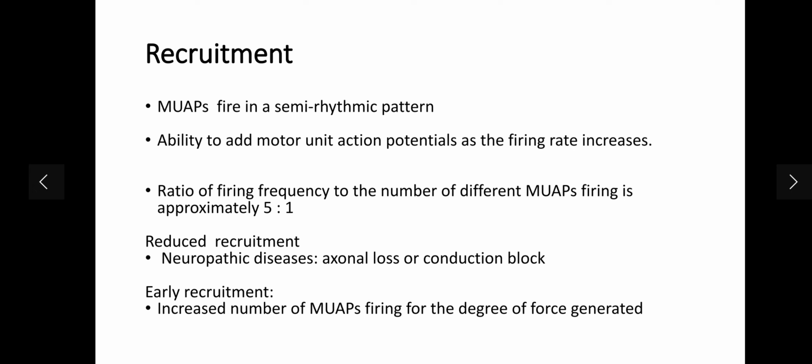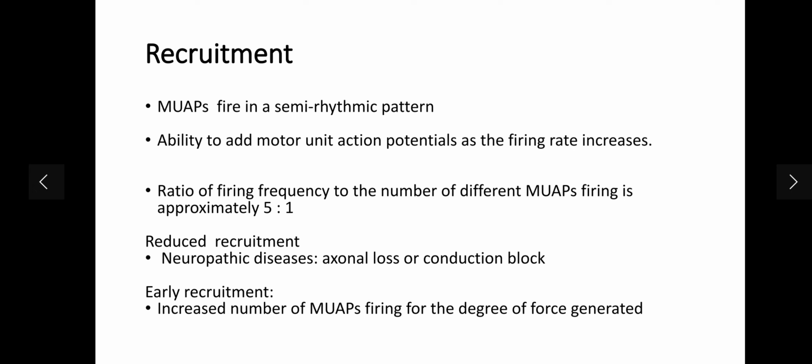In contrast, in certain myopathic diseases, you will see early recruitment. This happens because although the number of motor units remains normal, the number of functional muscle fibers involved in each motor unit is decreased. So the ability of the motor unit to generate force is decreased, and the number of motor units needed to generate a certain force will increase.